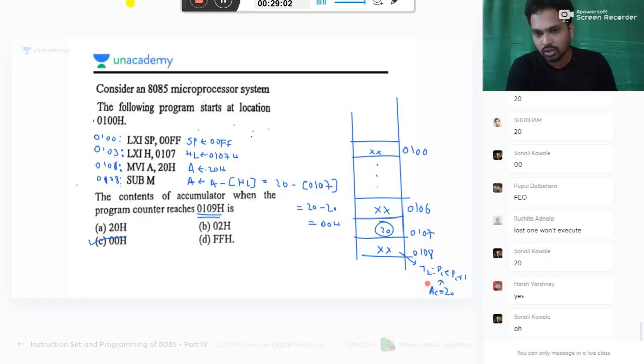Accumulator will be 20. In the next machine cycle, originally the execution takes place. But we assume here he said it reaches 0109. So in that way, if you analyze, 20 is also the right answer.